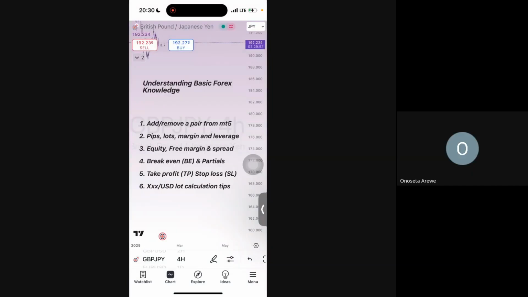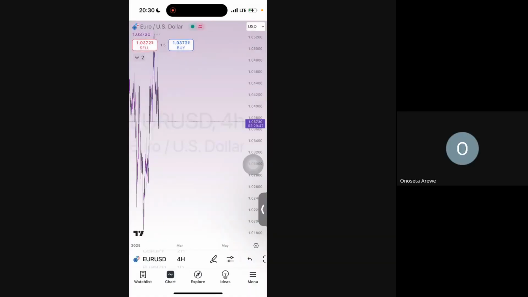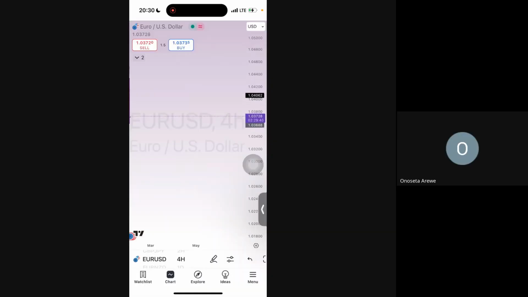we cannot use dollar. Why? If I go to EUR USD, for EUR USD right here, you can see that all these digits right here are actually dollars.